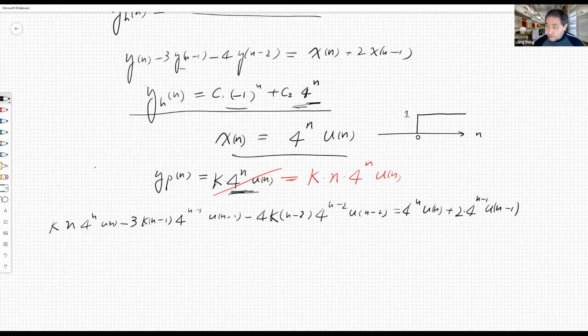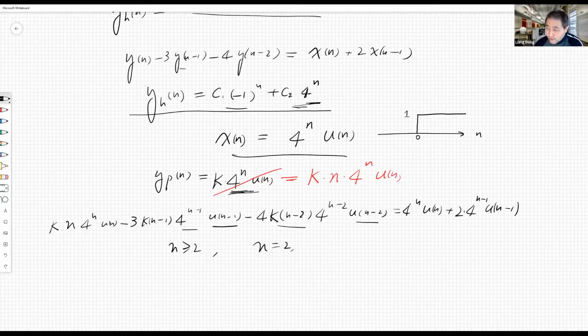After the calculation, we want to pick an n greater than or equal to 2, because if you take n equal to 1 or n equal to 0, you just simply lose those terms and will not be able to find K. You can plug in n equal to 2, 3, or 4 into this equation, it doesn't matter, but the best I can do is n equal to 2, so I don't lose anything on the second term and the third term here.